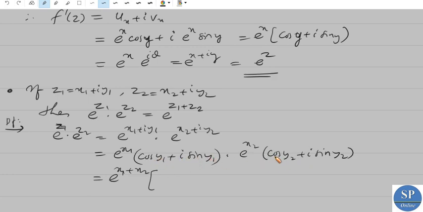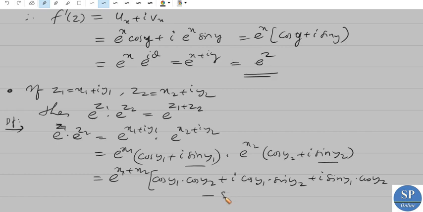So cos y1 into cos y2, plus I into cos y1 into sin y2, plus I into sin y1 into cos y2, and the last is this into this, so I square will be minus sin y1 into sin y2.